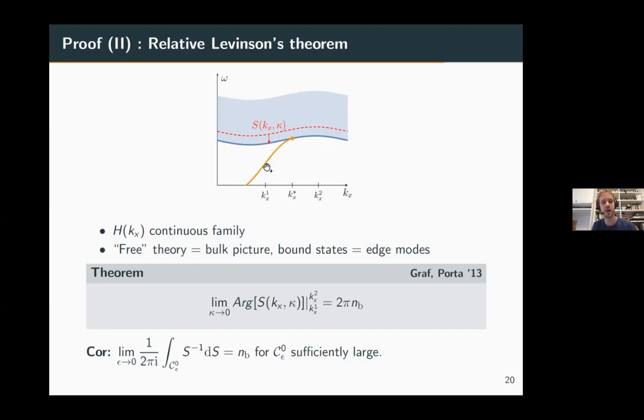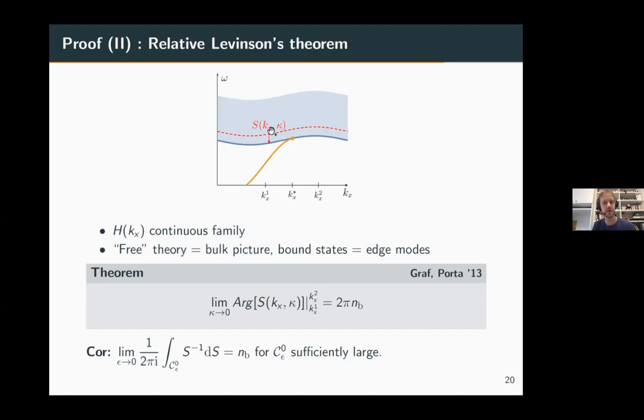But this is true up to some normalization, so it's not absolute. But relatively, if you follow some continuous parameter kx, you can count the number of edge modes before and after, for example, between these two values, kx1 and kx2. Even if you cannot count the absolute number of edge modes, you can count the ones that have vanished or appeared between two values of kx, okay?